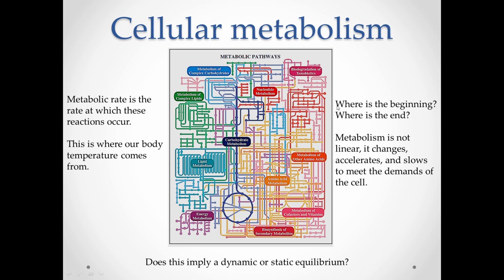If you look at this picture, what you notice is that there is no beginning or no end to metabolism. Every part of your body's metabolism is connected to another region, those metabolic pathways.